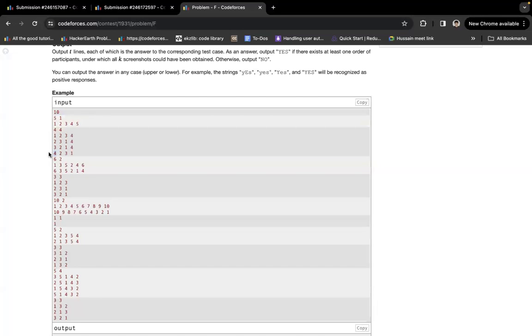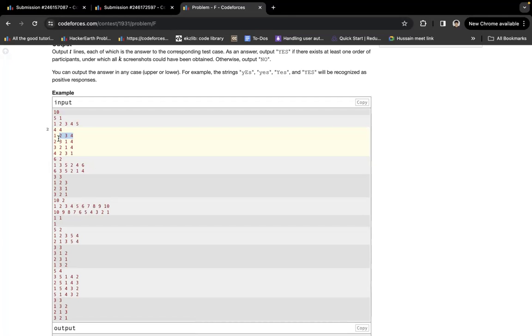Apart from that person, the relative order remains the same. Now we are asked, is it possible to form an array such that it satisfies all the screenshots given?